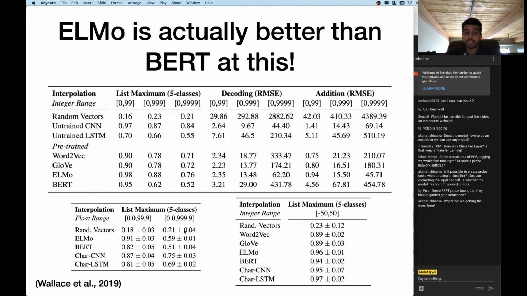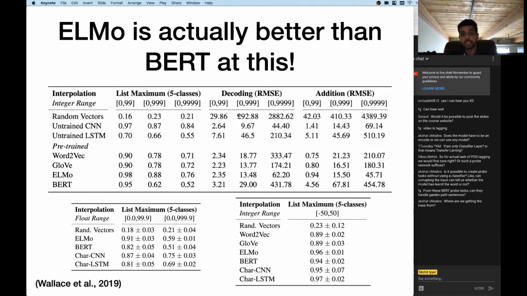If the numbers are bigger, though, the performance seems to drop. And it turns out that both ELMo and BERT are actually worse than an untrained convolutional neural network. So this suggests that these models are not particularly good at understanding the values of numbers.